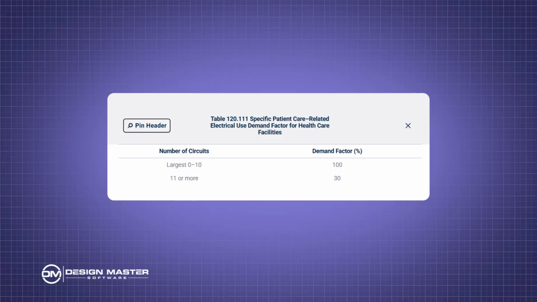Specific equipment is section 120.111, and there it's not based upon the load anymore, and now it's based upon the number of circuits. So the first 10 circuits are 100% demand, and then any circuit after that is 30%. So it's a little bit different for the specific equipment receptacles. It's based upon those circuits again, and not the total load.